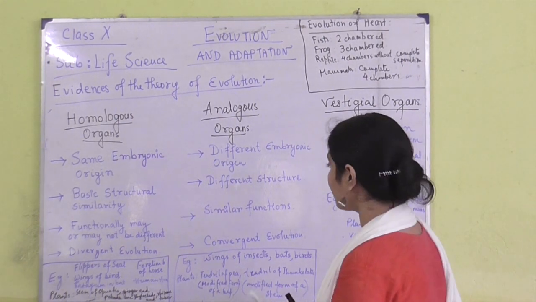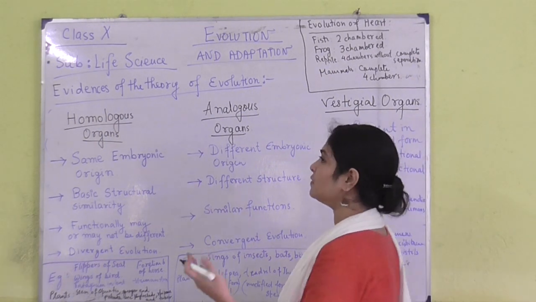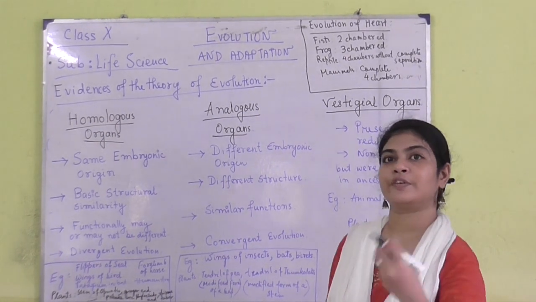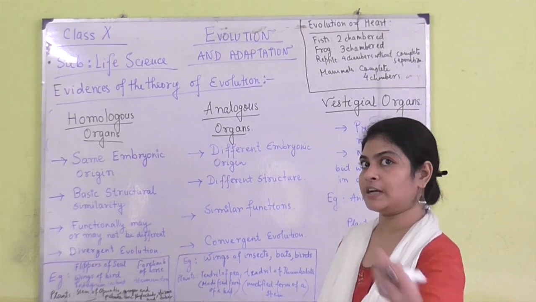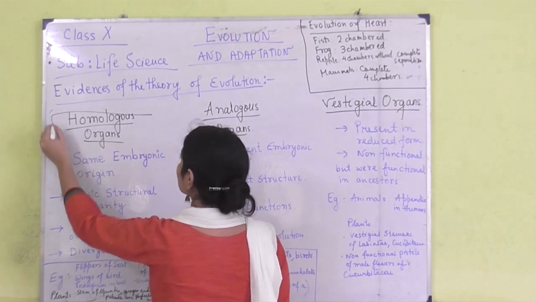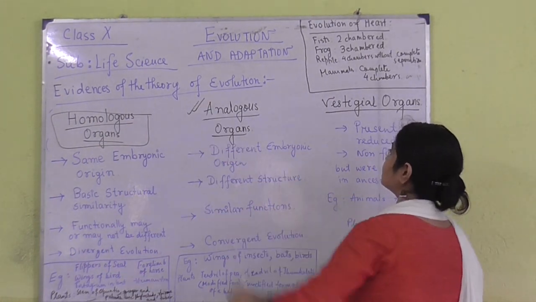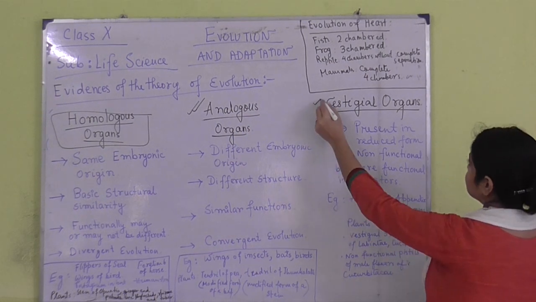Okay. So the very first type of organs which we can see, when we are studying the different types of fossils and other evidences, we can find the homologous organs, then we can find the analogous organs, and we can also find the vestigial organs.